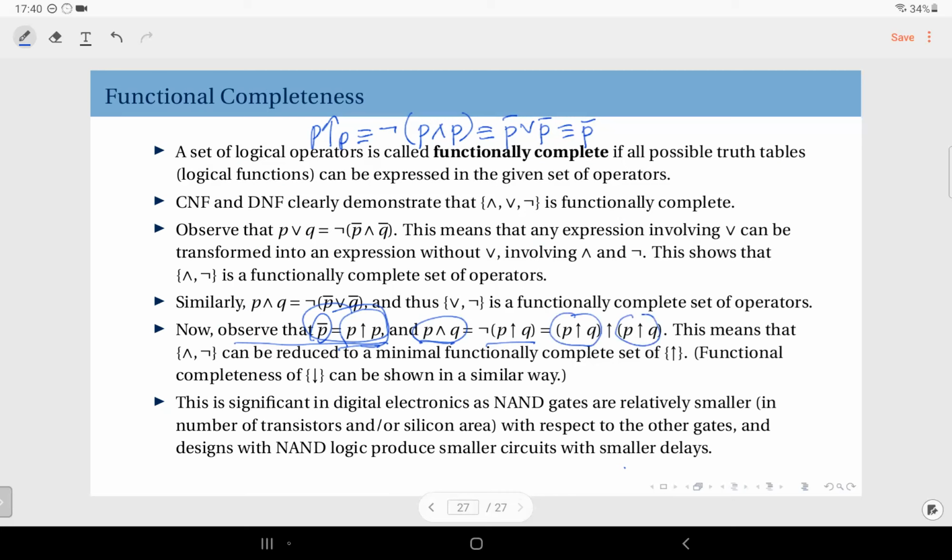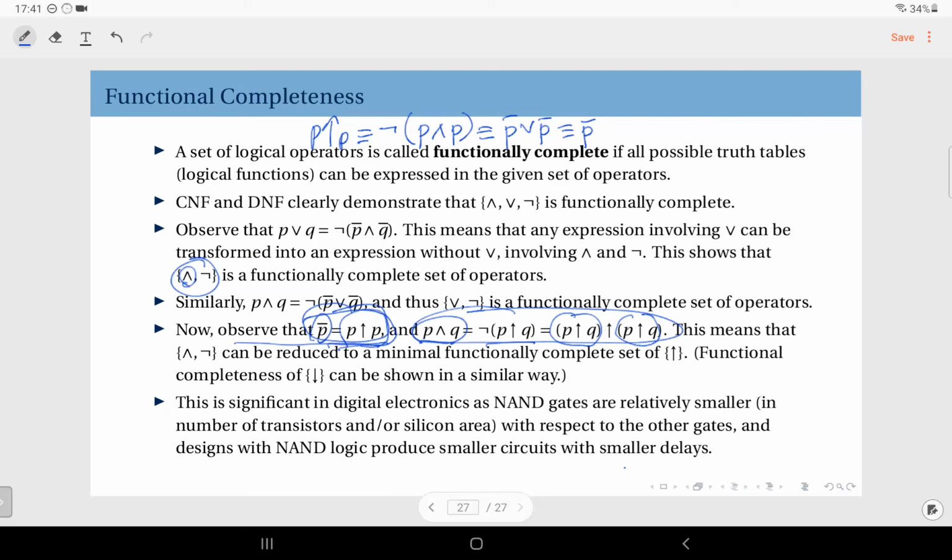So what does this mean? I know that this set, consisting of and and negation, is functionally complete. But I have just seen that for negation, I can use NAND. And for and, I can also use NAND. So I can use NAND to represent any negation and any AND operation.